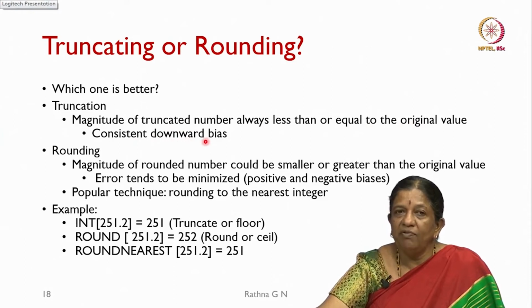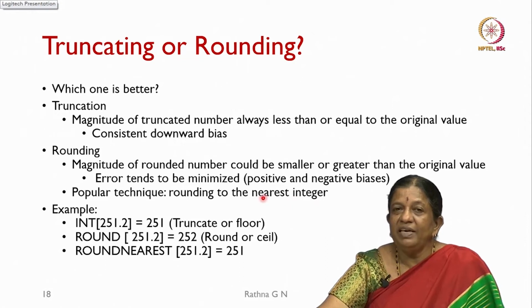Whereas in rounding, the magnitude of the rounded number could be smaller or greater than the original value. So, error tends to be minimized, with positive and negative bias, and a popular technique is rounding to the nearest integer.